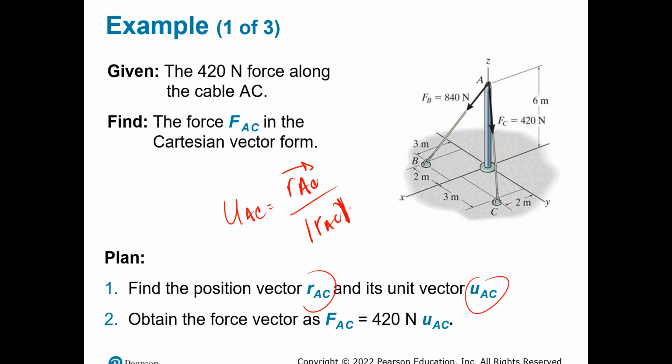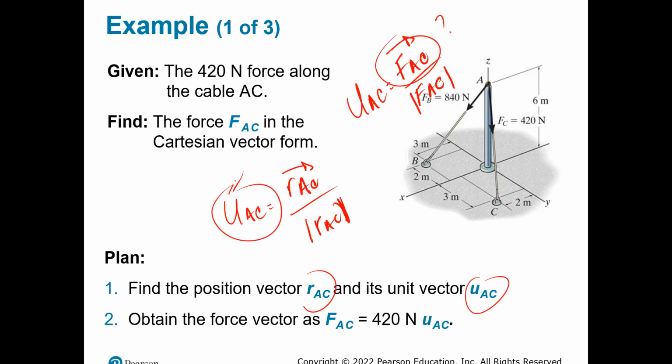But we also know that the unit vector of AC can be equal to the force AC as a vector in Cartesian form over the force AC as a value. This is what we need to find. If we find the unit vector AC, the vector we just did, and we get the magnitude of that vector, then we will be able to find UAC.